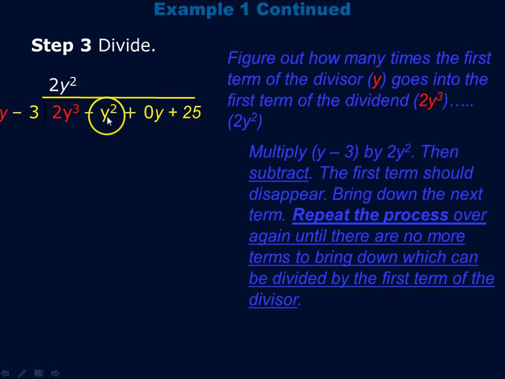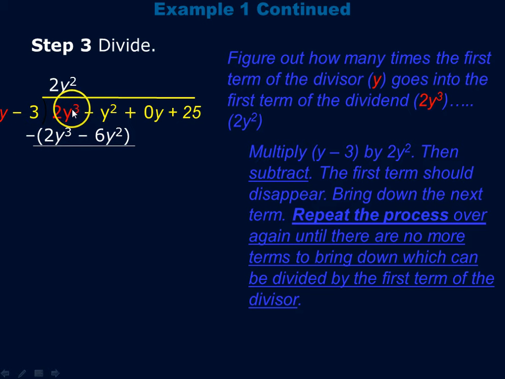So we're going to multiply the 2y squared times y minus 3. 2y squared times y would give us 2y cubed. 2y squared times negative 3 gives me a negative 6y squared. And we're going to subtract that. So notice the subtraction symbol in front.